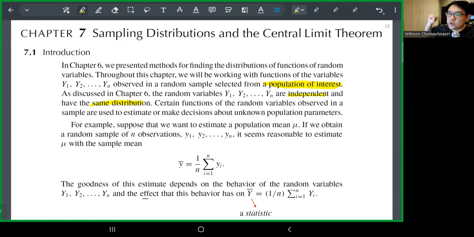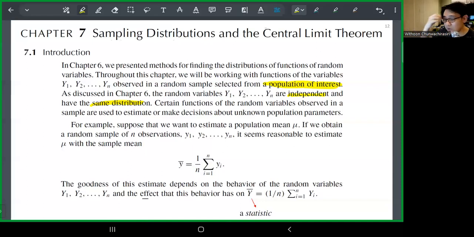The good thing about this is that a certain function of random variables observed in the sample is going to be used to estimate or make decisions about the unknown population's parameters. That is the whole thing about sampling distributions and the sampling business.